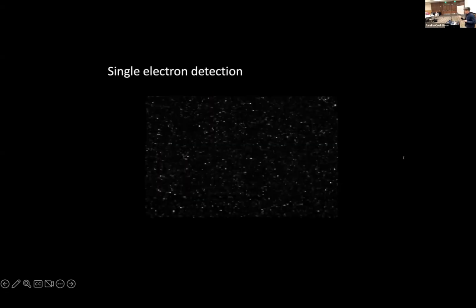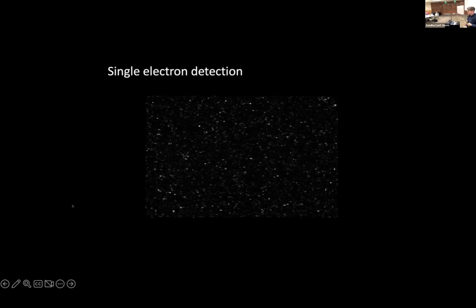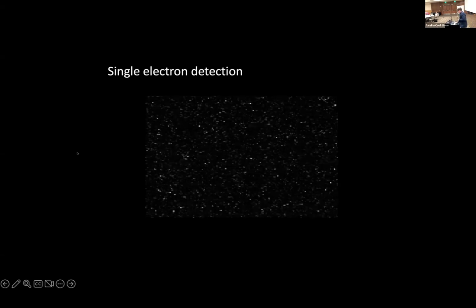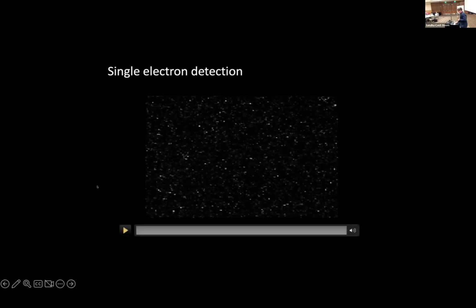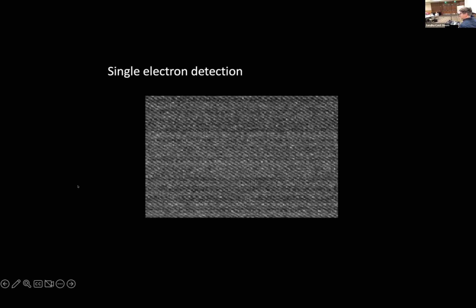So if we turn down our microscope and we expose it to a single electron sensitive detector that can run very fast, then each of these little spots here is 1 or maybe 2 electrons in a pixel. If we let that run, there's this classic experiment where we see the smattering of electrons.